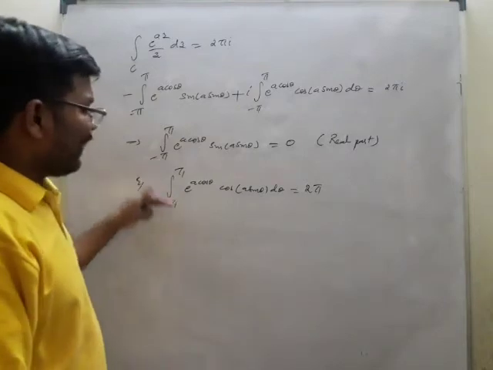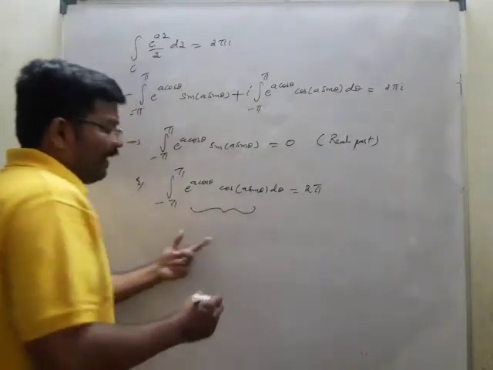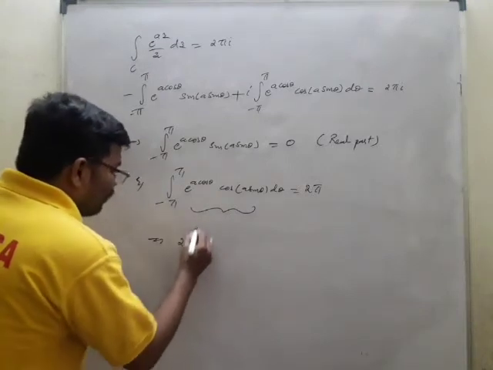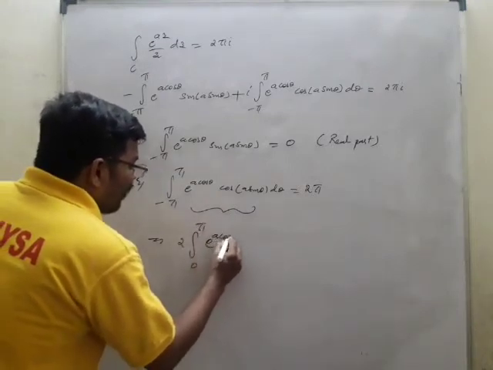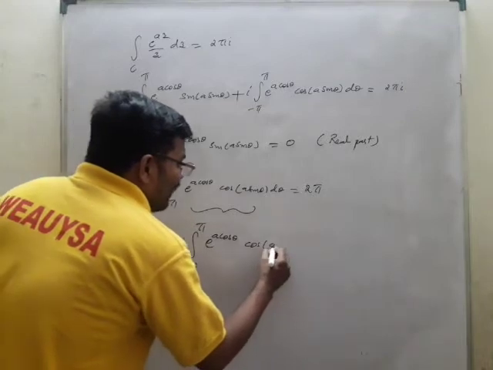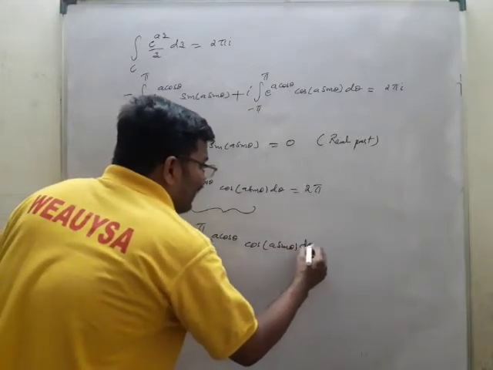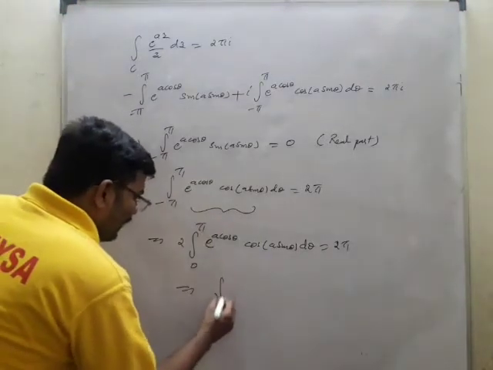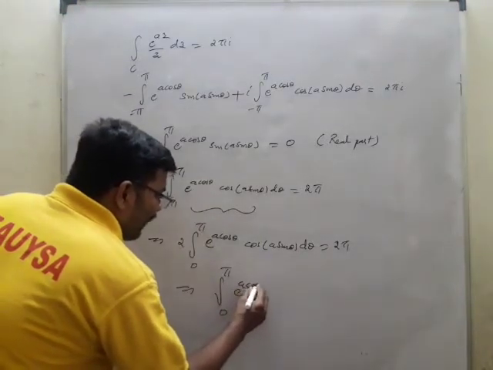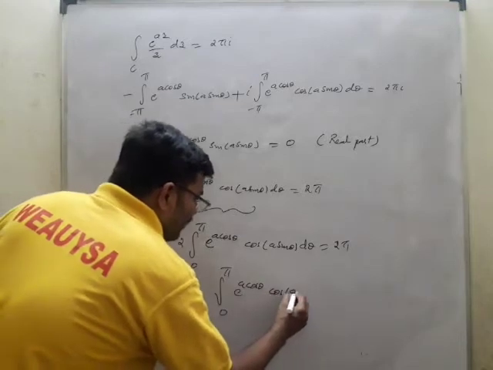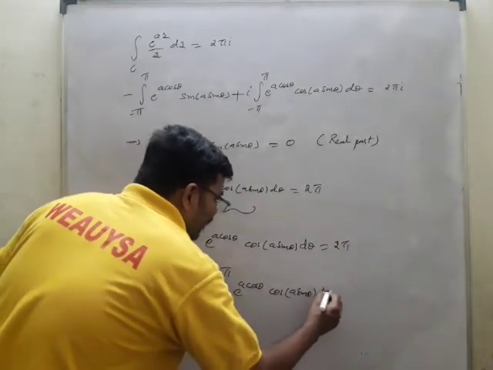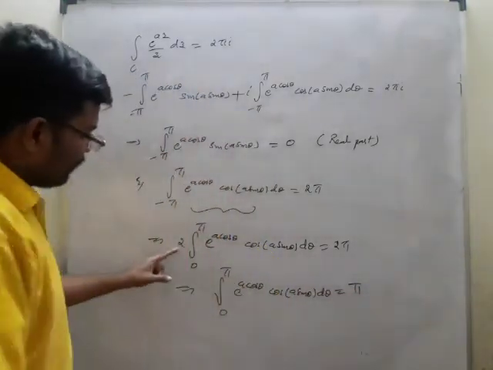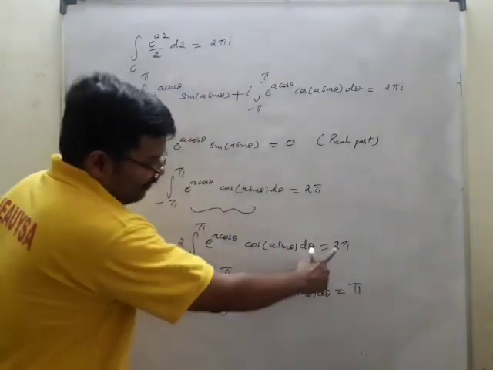Now this is minus pi to pi, and this is an even function, so you will make it an even function. So I get 2 times the integral from 0 to pi of e power a cos theta cos(a sin theta) d theta is equal to 2 pi. So the integral from 0 to pi of e power a cos theta cos(a sin theta) d theta is equal to pi, as the 2 gets cancelled.